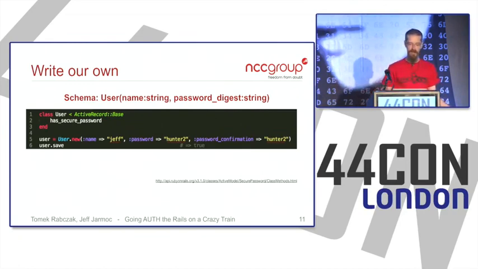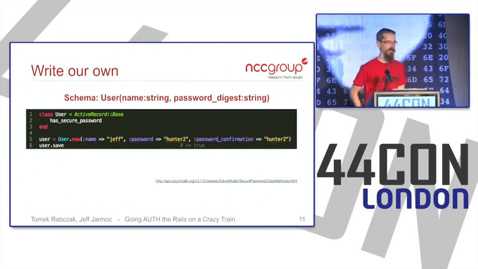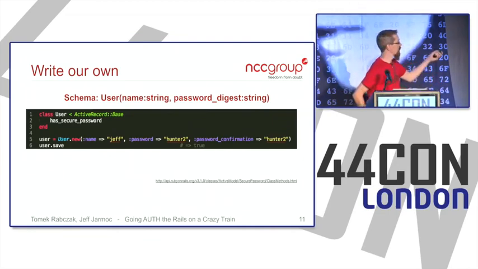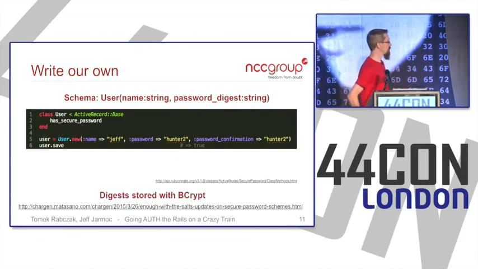When those both exist, has secure password is going to use the bcrypt gem to store your password digest securely, as a bcrypt digest in that password digest string. So it does that all transparently for you, and you can just access that password setter. And then you save your object, and it returns true.